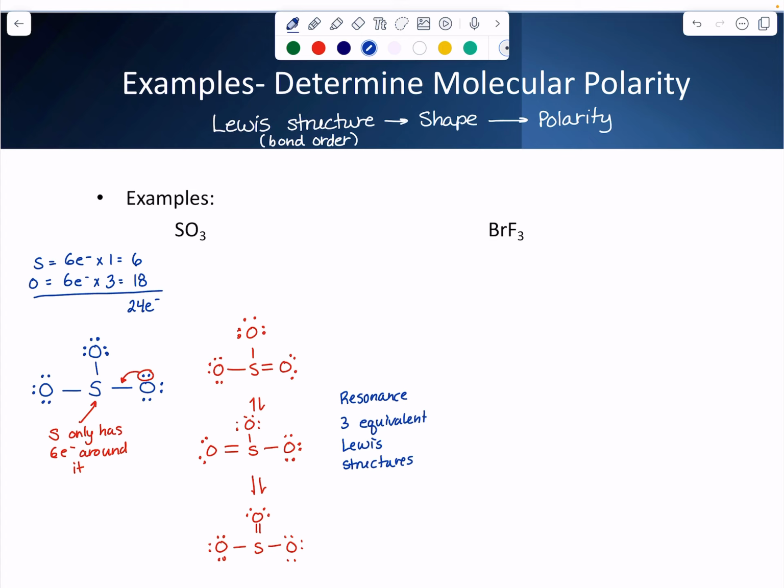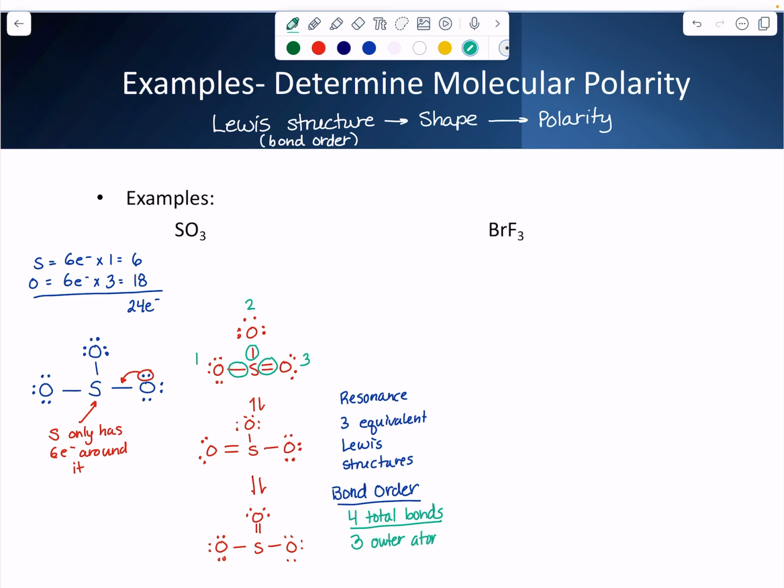All right, so let's talk about bond order for a second. When we have resonance structures and we're calculating bond order, first we're going to say how many total bonds there are. So we've got 1, 2, 3, 4. So we've got 4 total bonds. And those 4 bonds are going to be divvied up between 1, 2, 3 outer atoms.